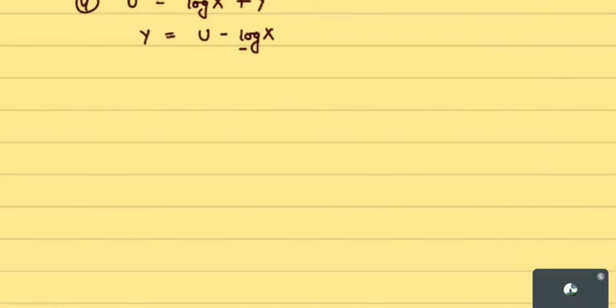So if you put x equal to 0, your y is equal to u, your utility, and you know your utility is some constant number. That means in this case, your indifference curve is touching the vertical axis. Okay, but if you put y equal to 0, you will get log x equal to u, but your log x is a non-linear function, so it won't be 0. Okay.